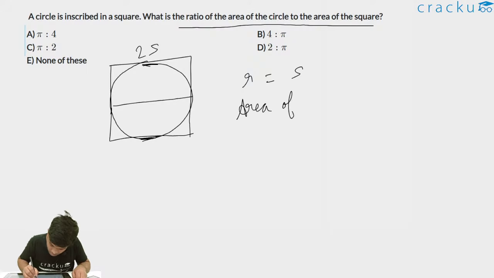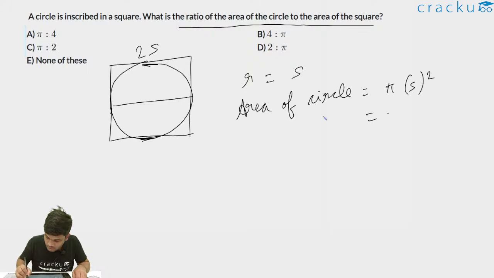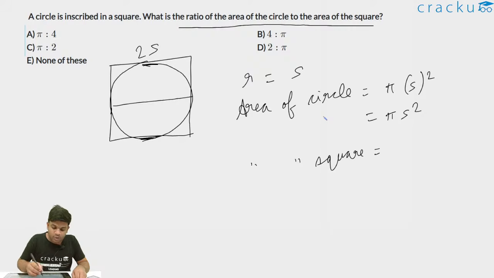So area of circle will be pi r square, which is s square. So it is pi s square. Again, area of square. So side of the square is 2s, area of the square is side square. So it is 2s whole square.